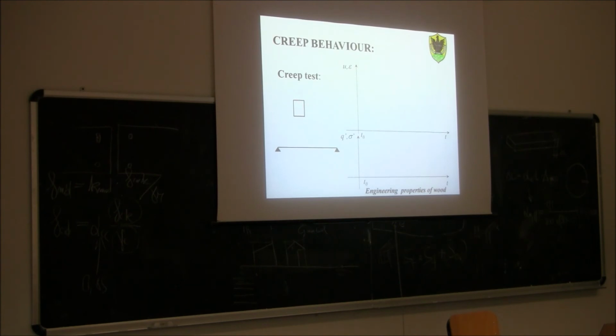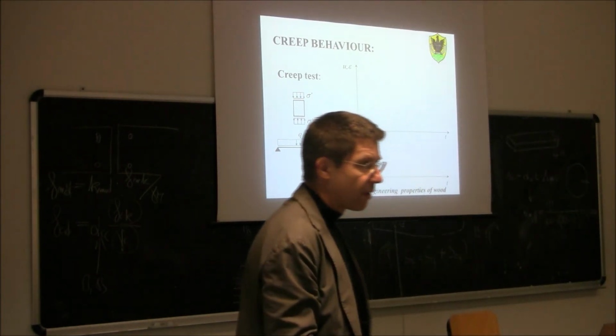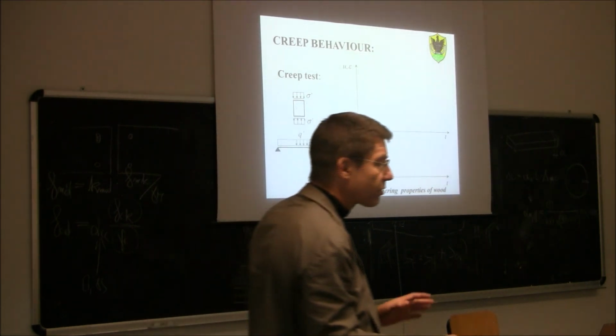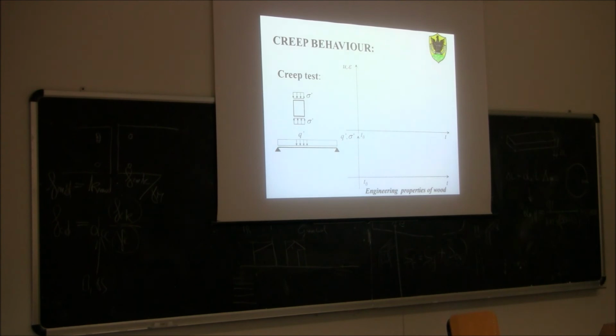You have a small block of material, wood, concrete, whatever, or a beam. Then you apply a load, Q prime or sigma prime, on this block, on this beam. What is this load going to cause on the specimen? It's going to cause a deflection of the beam and a deformation of the cube.